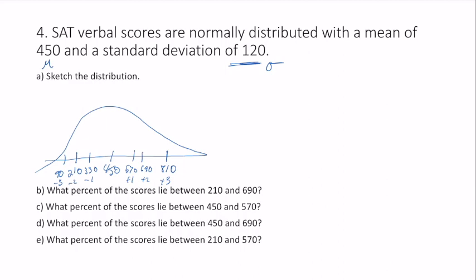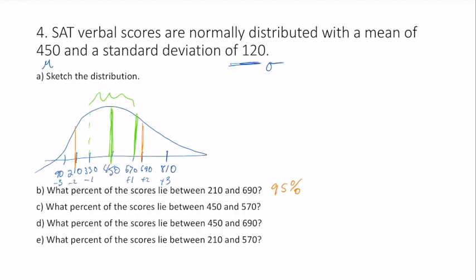So I want to know what percent of scores lie between 210 and 690. Well, that marks our second standard deviation, okay? So that's going to be 95% of our data. Next, I want to know what percent of scores lie between 450, that's our mean, and 570. 570 marks our first standard deviation.